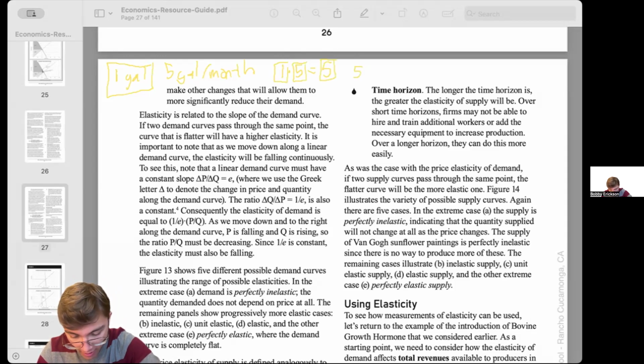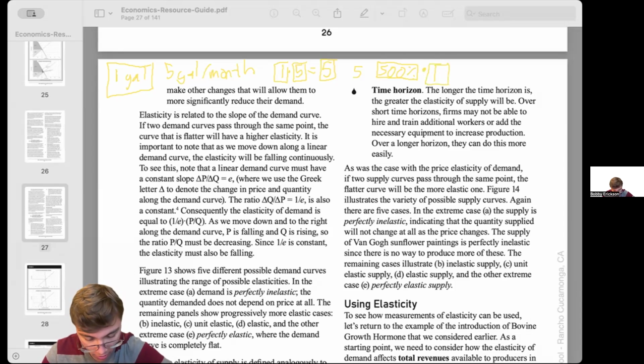5 is 500% of 1. And so our elasticity here is 500% because we see here that it's 500% of 1. We're increasing it by 500%.